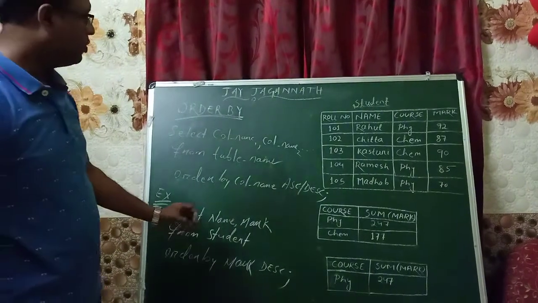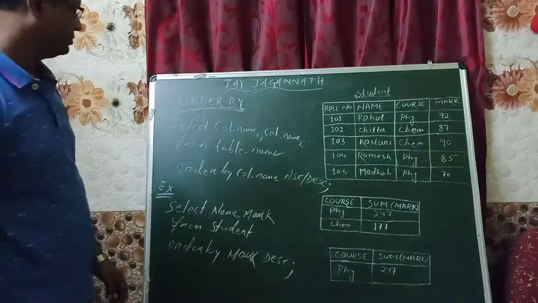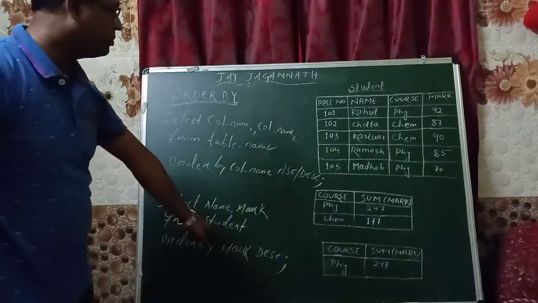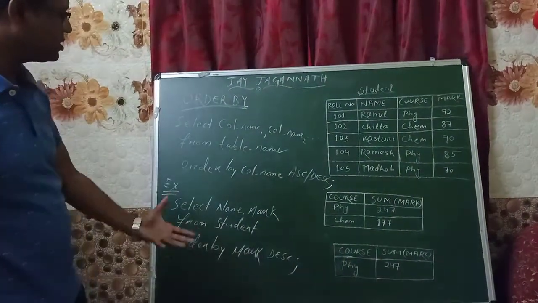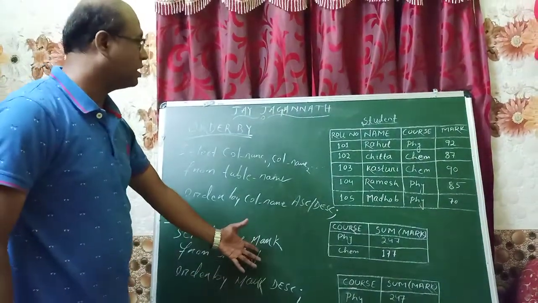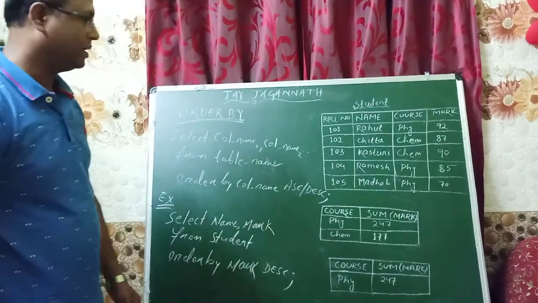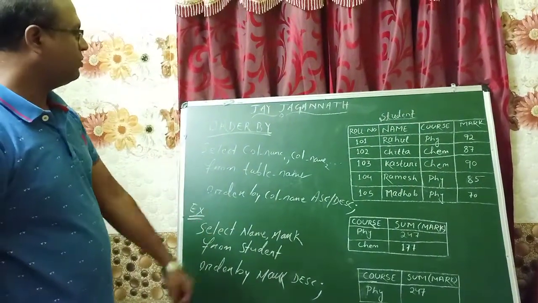Here we want to retrieve only the name and mark columns from which table? Students table. Our intention is to arrange the marks of students in a particular order, that is descending order. So what will be the result?